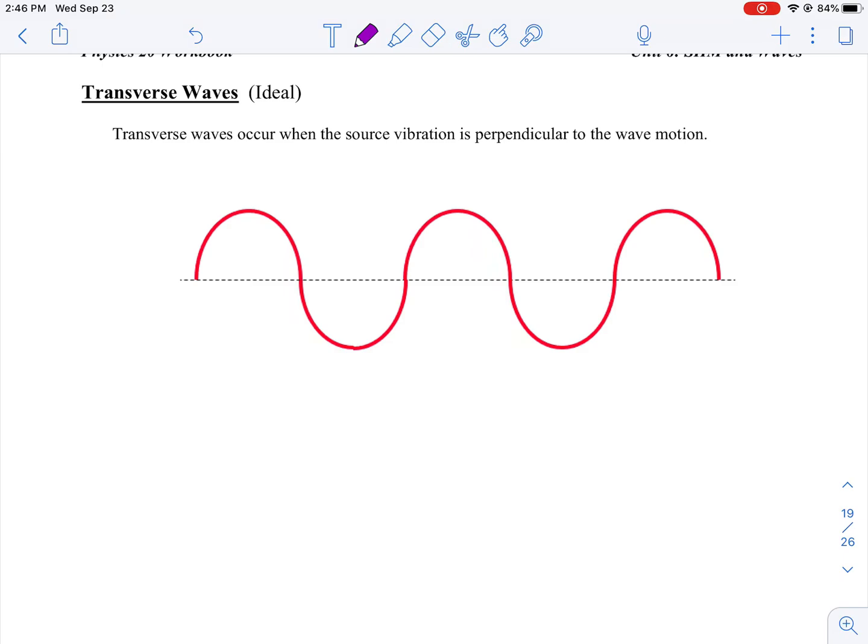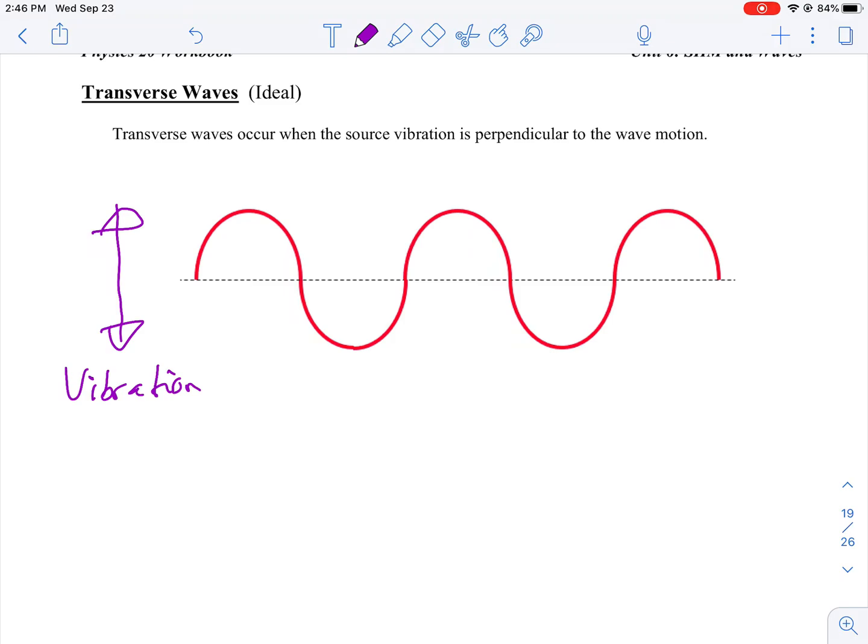Answer, a vibration. So on the left-hand side here, let's introduce the vibration. And this vibration will be going in simple harmonic motion, up and down, constant amplitude all the way through. And the vibration is going to basically create the energy that transmits through the medium.